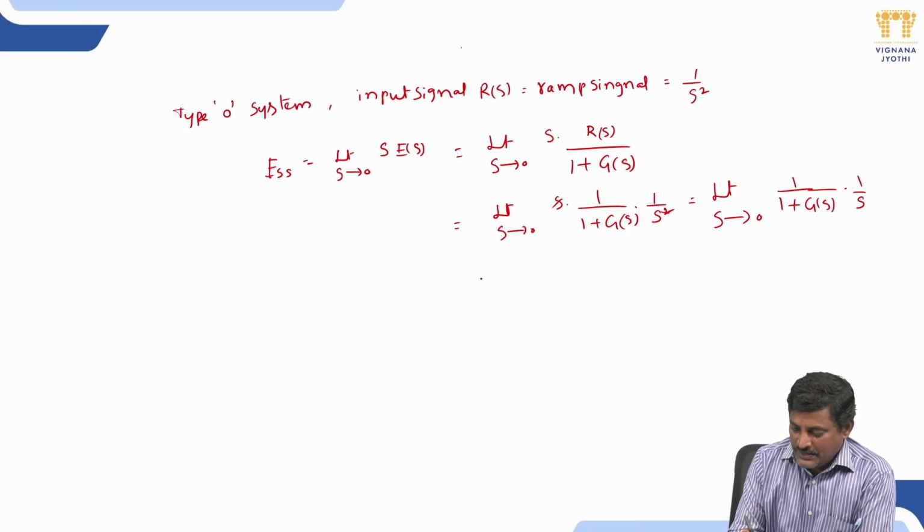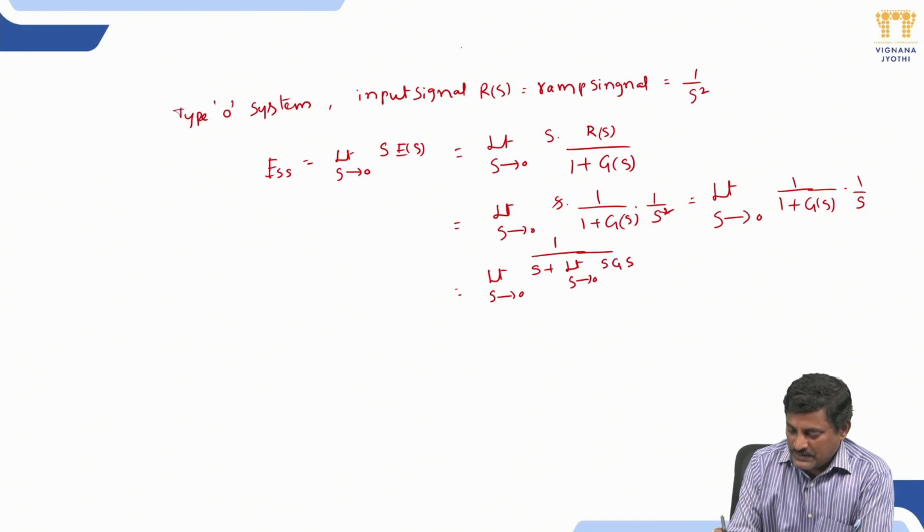Now limit S tends to 0, 1 by S plus limit S tends to 0, S into G of S.